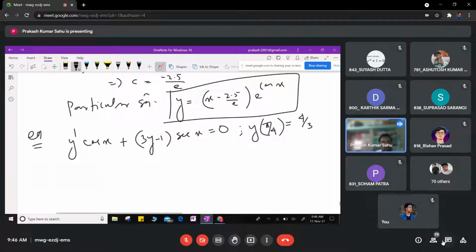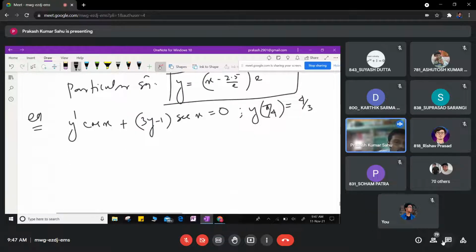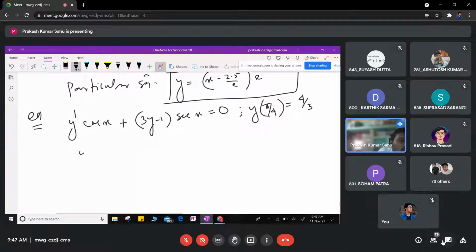So now how to solve it? First we have to write it in linear form, because this is not in linear form. So this differential equation can be written as y dash into cos x plus 3 sec x into y minus sec x is equal to 0.